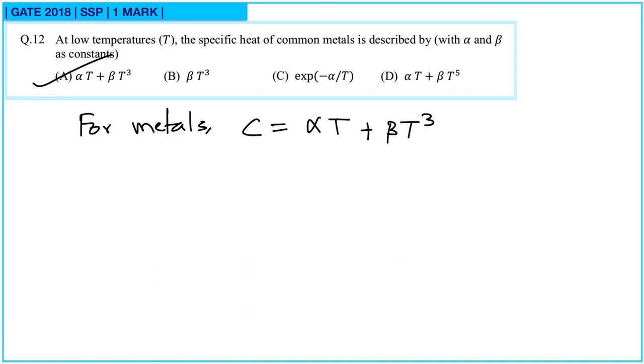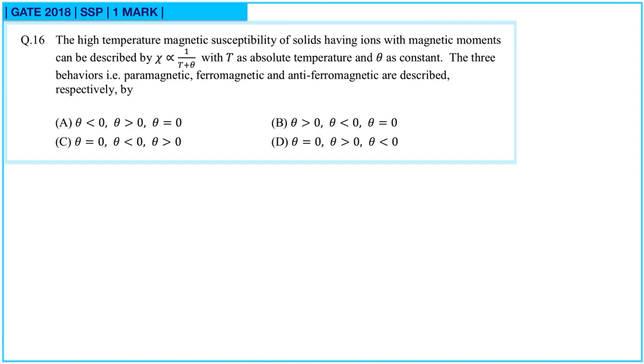Next question. The high temperature magnetic susceptibility of solids having ions with magnetic moments can be described by chi is proportional to 1 upon T plus theta, where T is absolute temperature and theta is constant. The three behaviors, that is paramagnetic, ferromagnetic and antiferromagnetic, are described by.